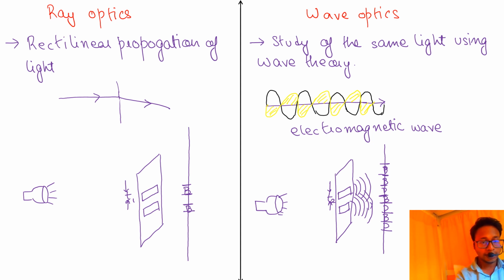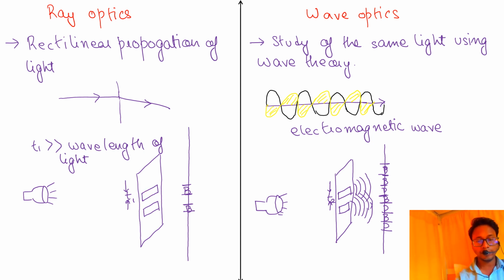If the thickness of the slit, or thickness of the interacting medium, is much greater than the wavelength of light, that means this gap is much bigger than the wavelength of light, then we see ray optics like behavior, or straight line behavior of light.